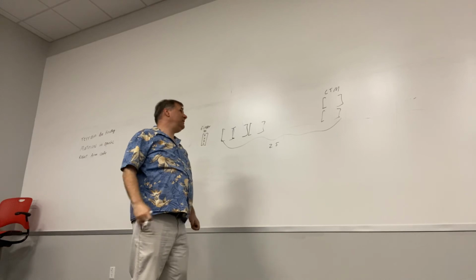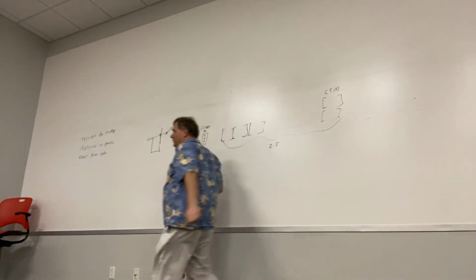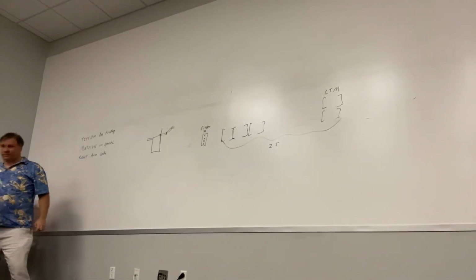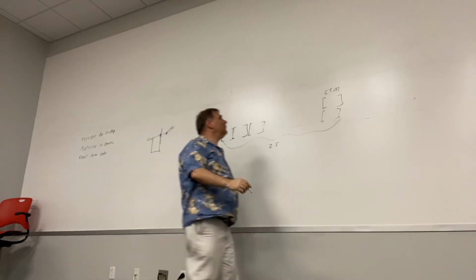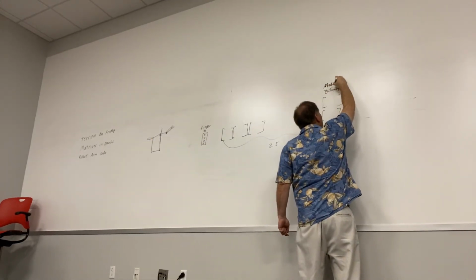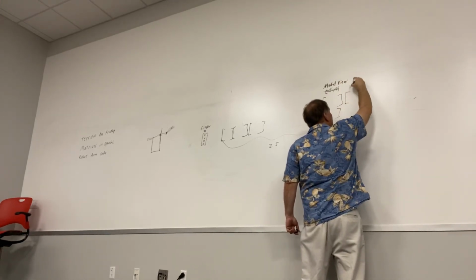OpenGL keeps track of two matrices. Actually, they call it the model view matrix. The model view matrix and the projection matrix.